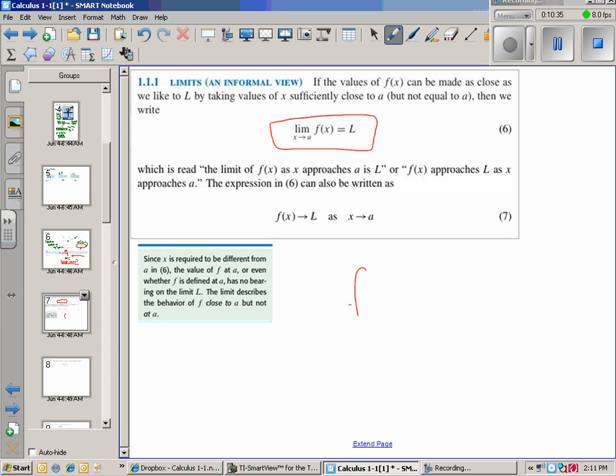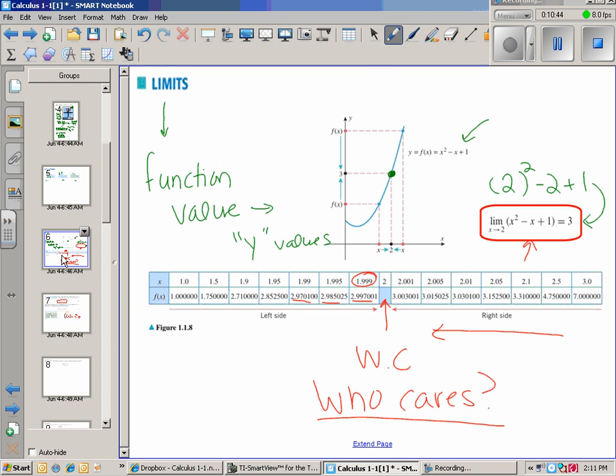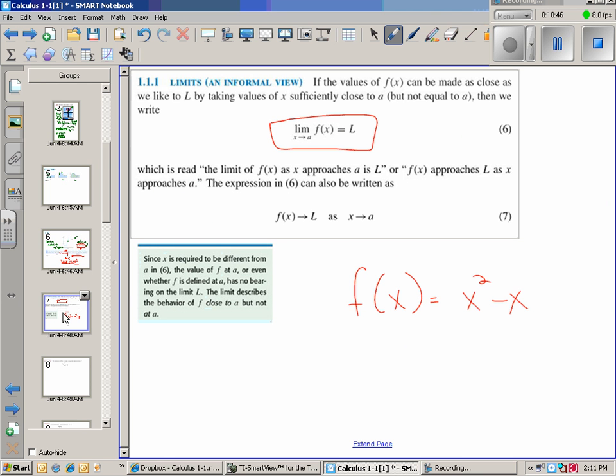Example, the last problem, we had x squared minus x plus 1. Not 3 yet. And we would say f of 2 would mean to plug in 2.